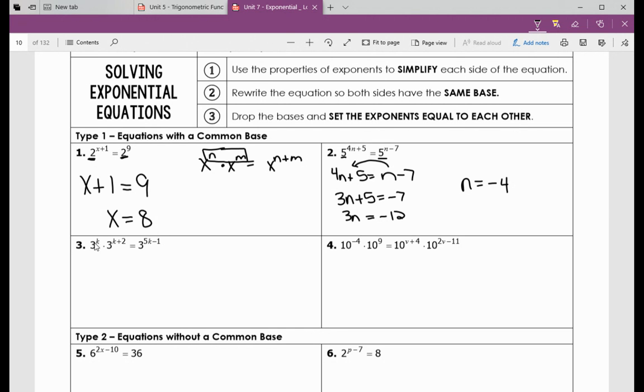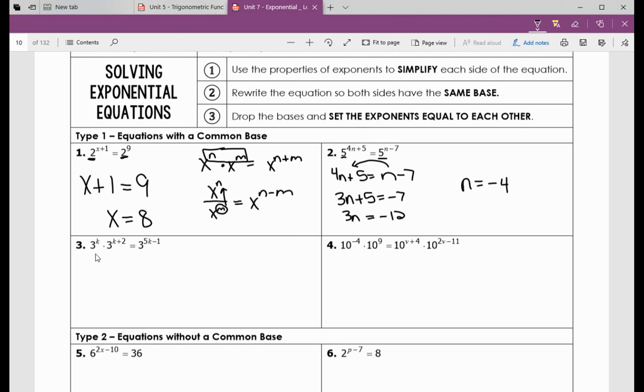You do not multiply the exponents, you add them together. If you had a division problem, that's where you subtract the exponents. You take the bottom exponent and subtract it from the top exponent. Those are your properties of exponents.